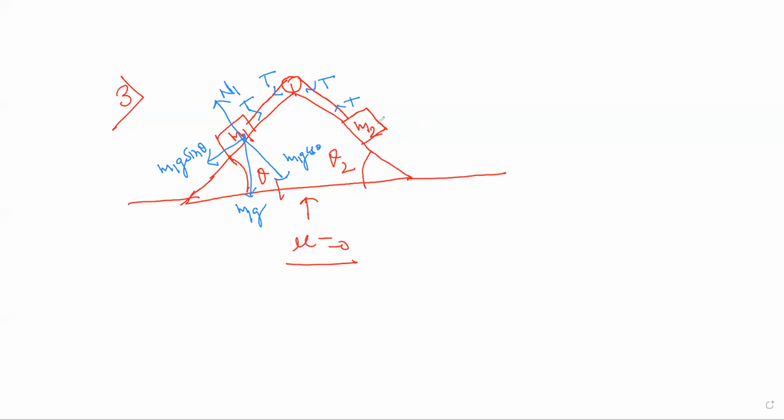Again, we are drawing the forces acting over M2. Weight will act vertically downward, and this is M2g. Its component in this direction will be M2g cos theta2, and in this direction M2g sin theta2.